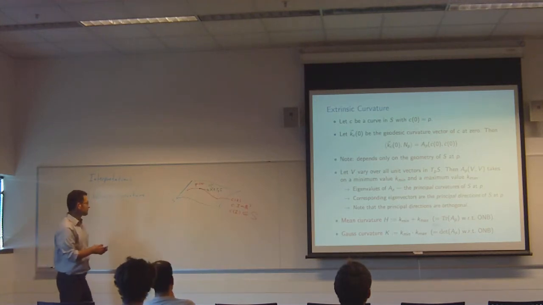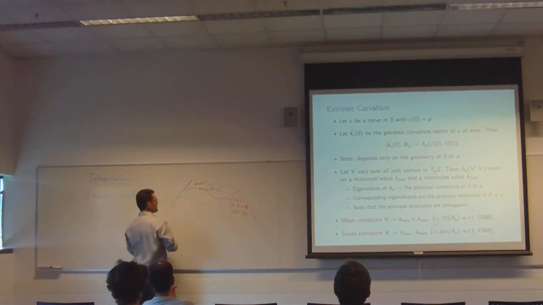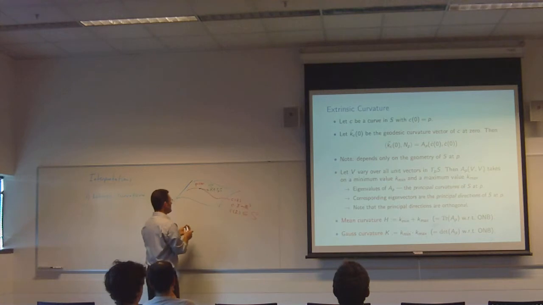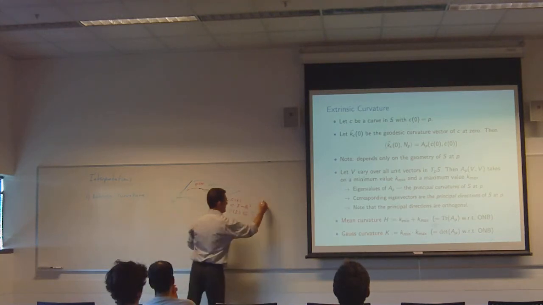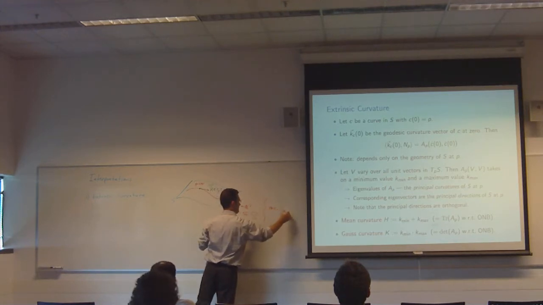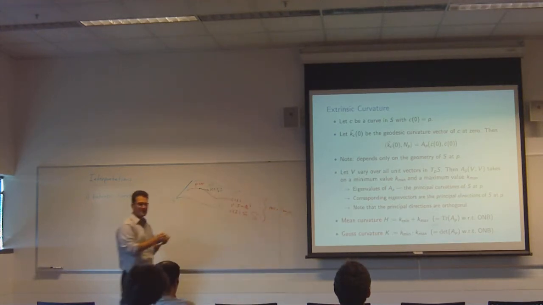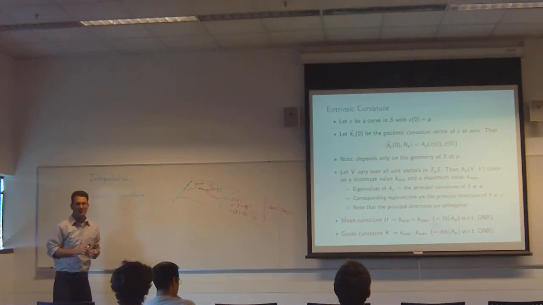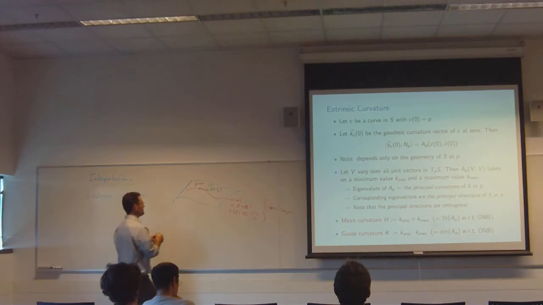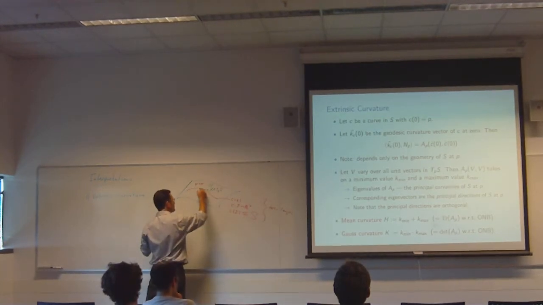Now c double dot, the acceleration vector of the curve. Let's just say it's parameterized by arc length of the curve, just so we can talk about the second derivative. It means it's perpendicular to the curve. So the second derivative points like this, right? This is c double dot at 0.